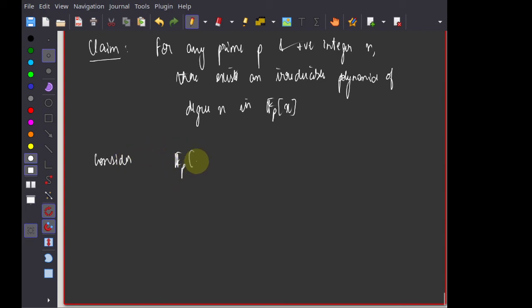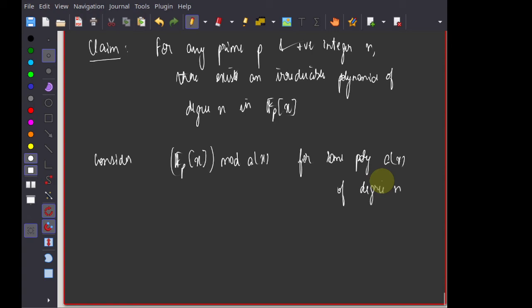Take Fp of x mod, say, a of x, for some polynomial a of x of degree n.